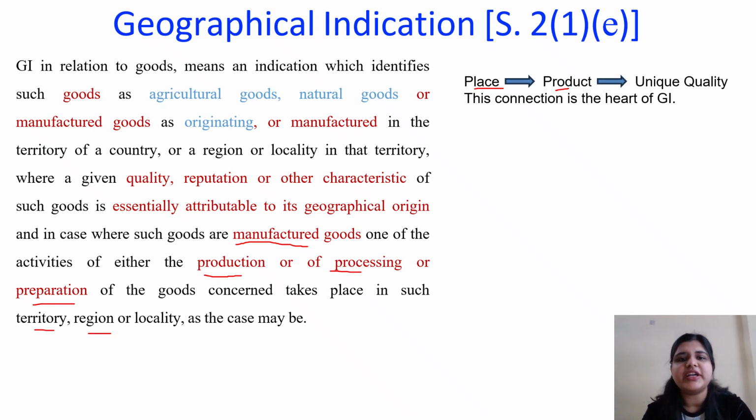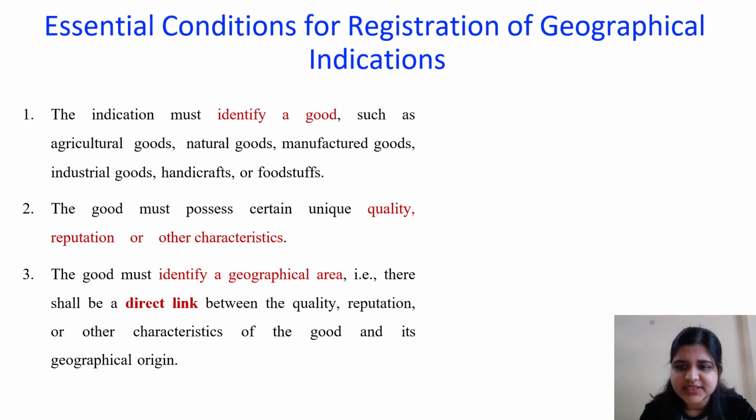Now we will look into the essential conditions for registration of geographical indications. For registering a good under the GI Act, the good must be identified. Earlier we saw that there are five types of goods: agricultural goods, manufactured goods, foodstuffs, natural goods, and handicrafts.